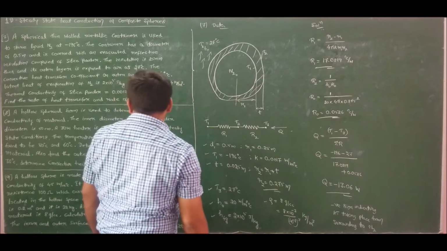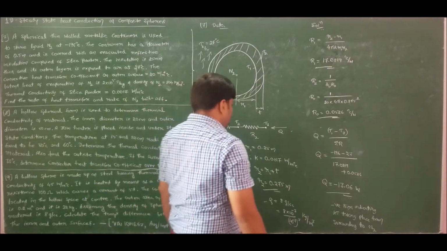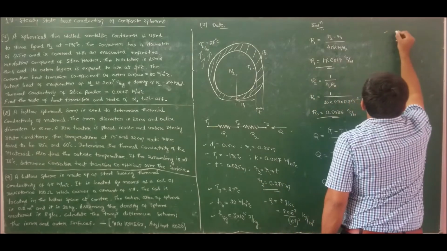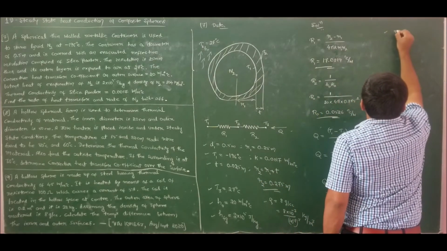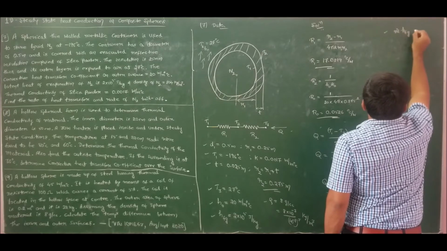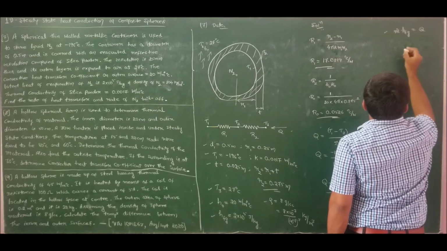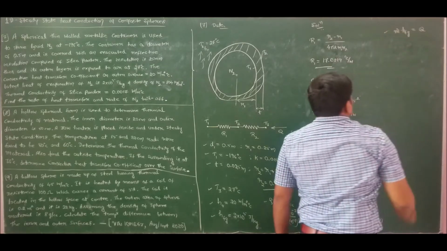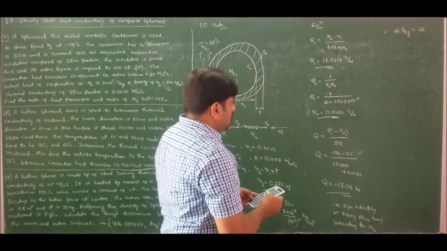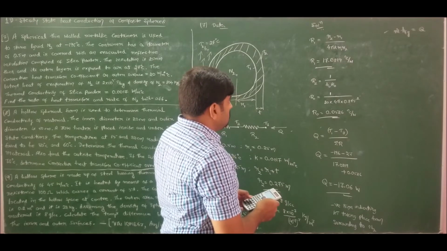Now he is also asking to find out the value of rate of N2 boiling. So boiling of liquid nitrogen, we know that boiling rate of liquid nitrogen times the h_fg is equal to Q. So this is for boiling. Therefore I want to find m dot.